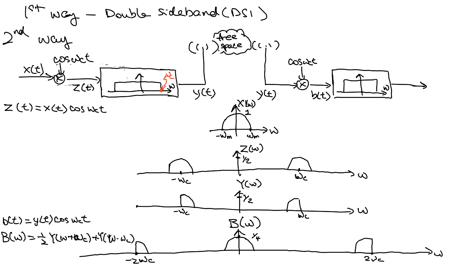Let's say this is the red part, and this is where the red part is after the shifting. This is the green part, and this is the green part after shifting.